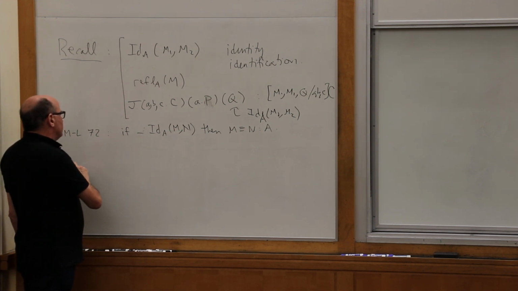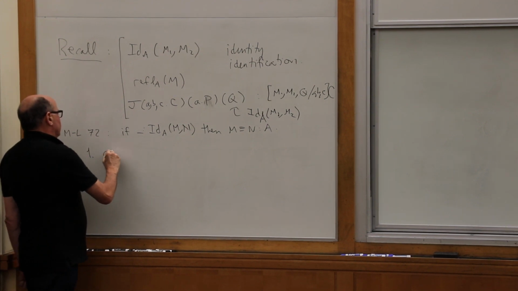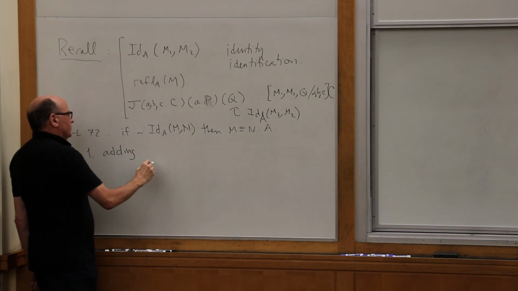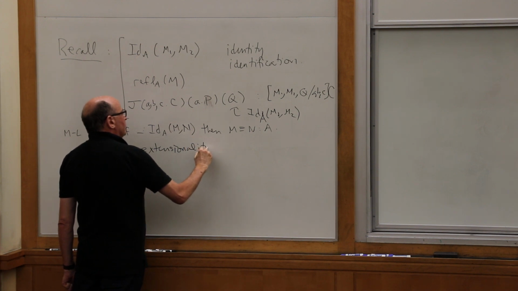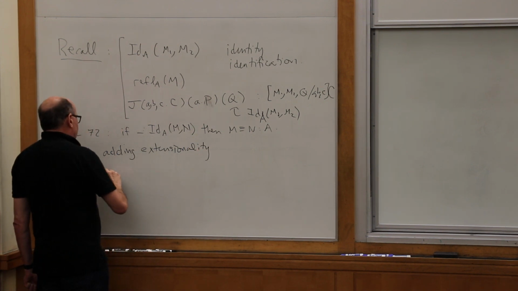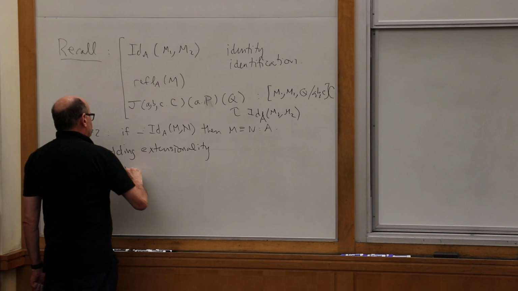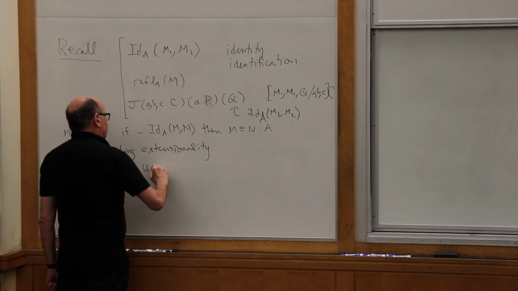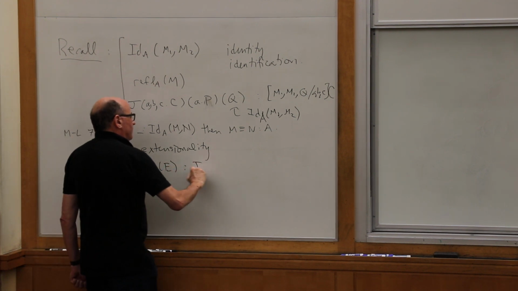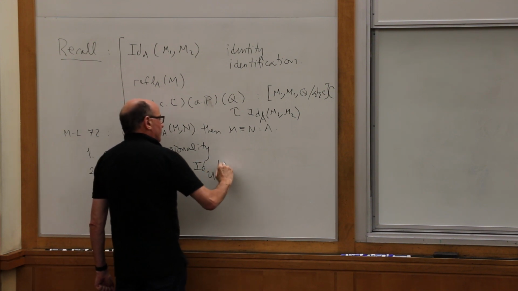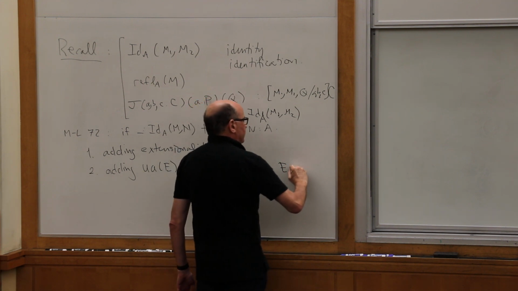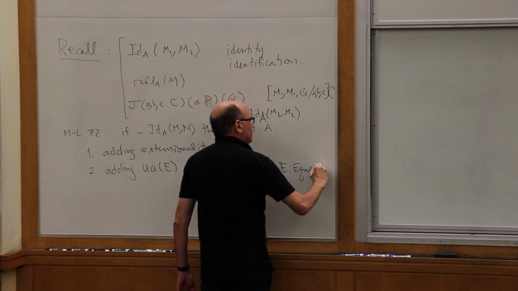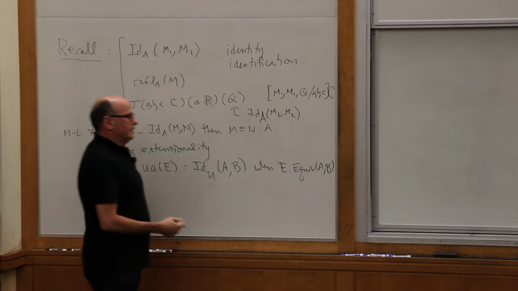So there were two ideas we talked about. One, which people do a lot as long as they don't care about computation, is adding extensionality for functions, sort of manually. The other was adding what is called the univalence axiom, being an identity in a universe, between two types whenever we have an equivalence, which you can think of as an isomorphism.